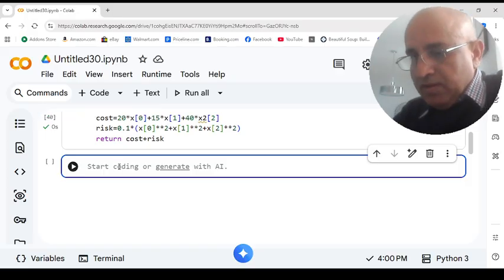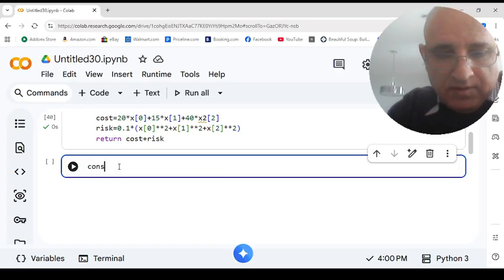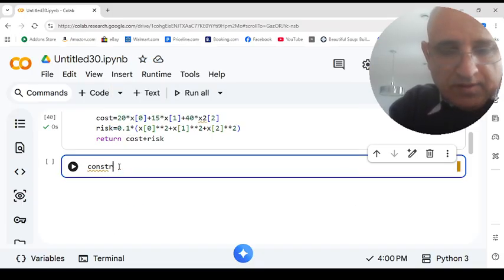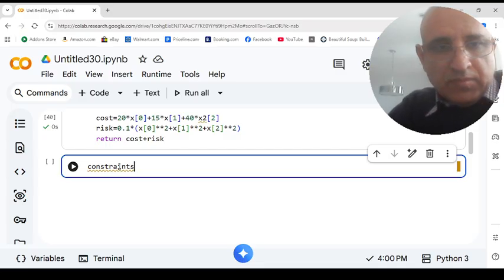Okay, so the next is constraints. We define the constraint like this.